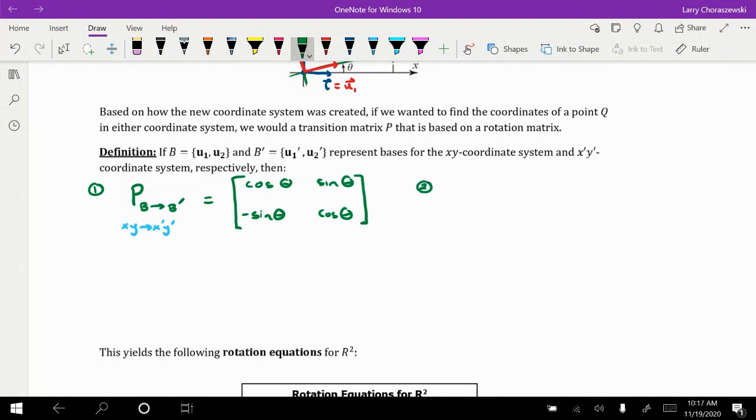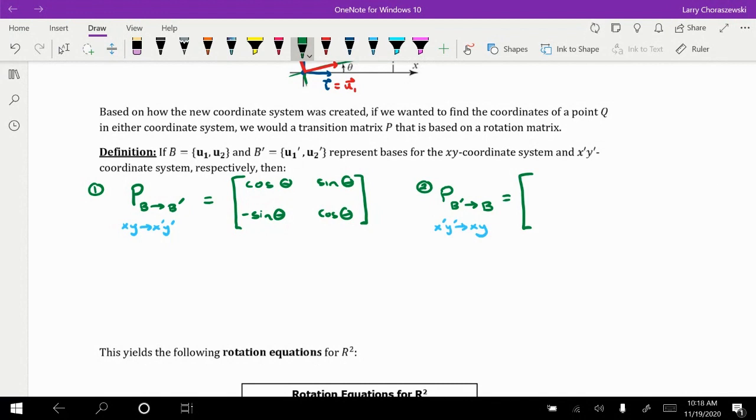A second transition matrix is going to be the one that goes in the opposite direction. So a transition matrix which takes us from B prime back to B. And in this context, this matrix will help us go from the x prime y prime coordinate system to the xy coordinate system. And it turns out that the matrix for this is the inverse of the first matrix that I gave you, P from B to B prime.